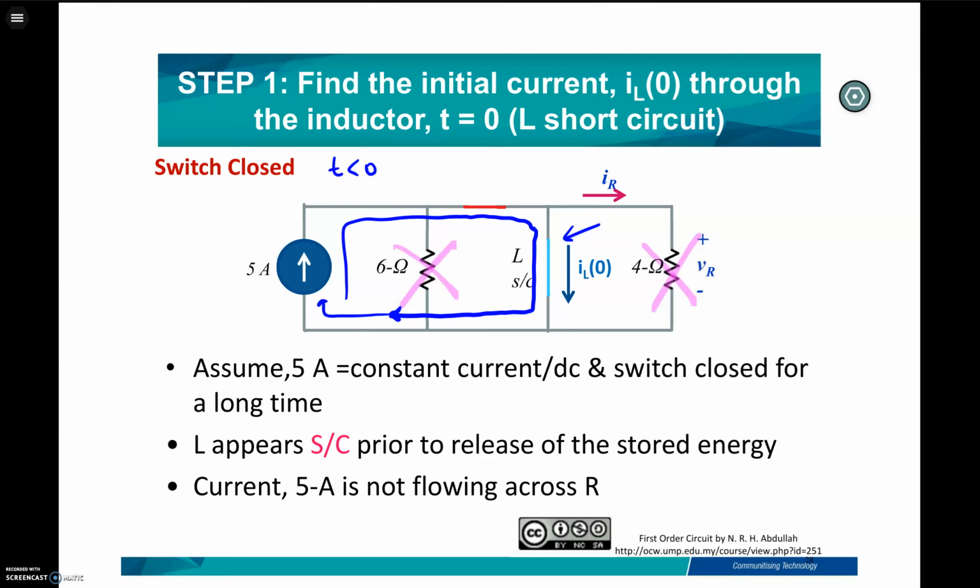So there are three ways, for example first way, second way, and third way, and the current will try to avoid a resistance. Therefore, the current is not flowing across the resistor.